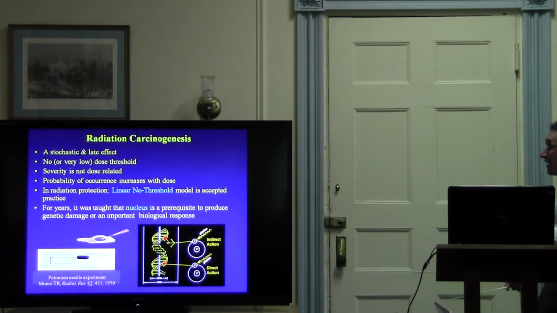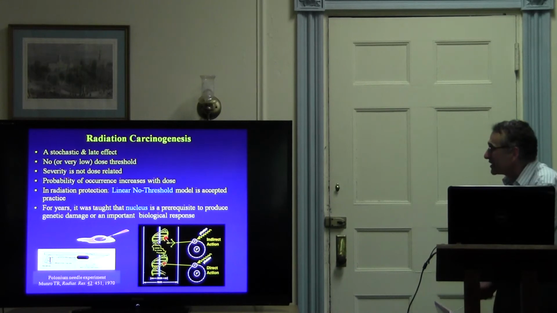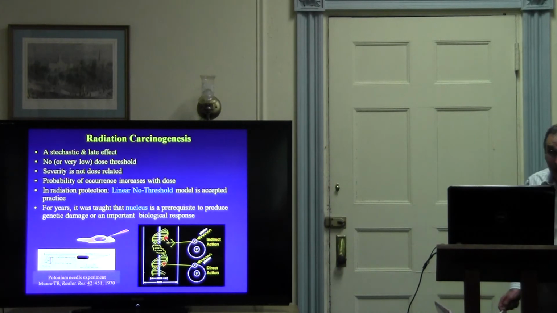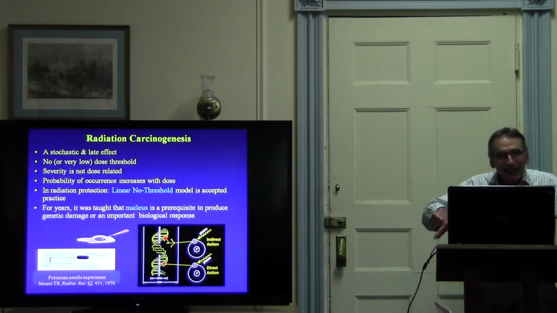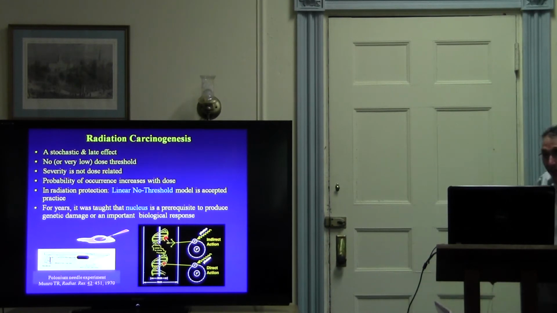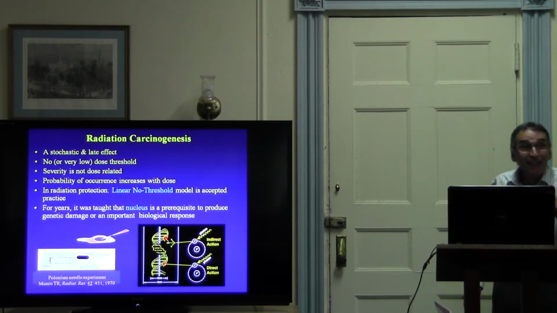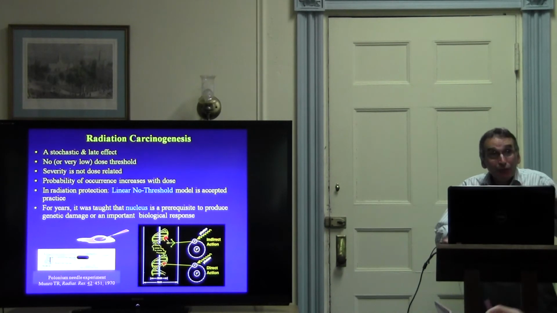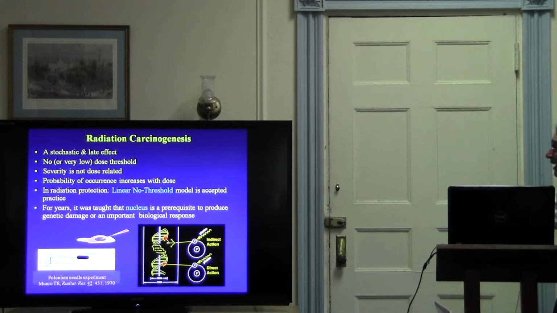And for years also we have been taught that the nucleus is a prerequisite to produce genetic damage or an important biological response. And Charles just mentioned to us what is the lesion to trigger a bystander effect. We need to understand that we hit the nucleus, we hit the cytoplasm, but sometimes we need to hit the medium to see, or not to hit a cell, and see an effect that may come from the extracellular matrix.